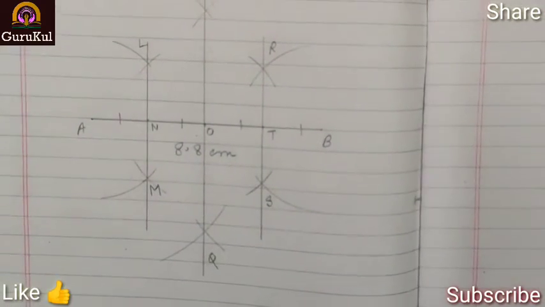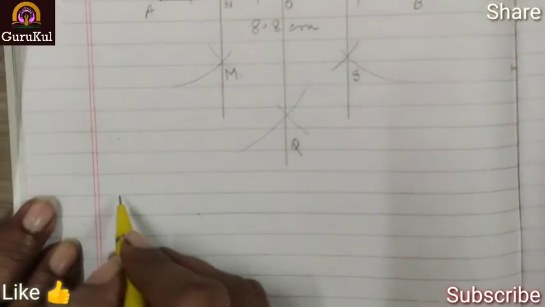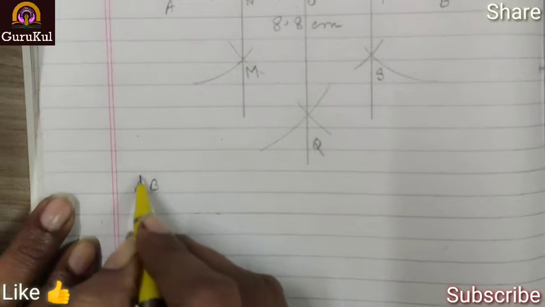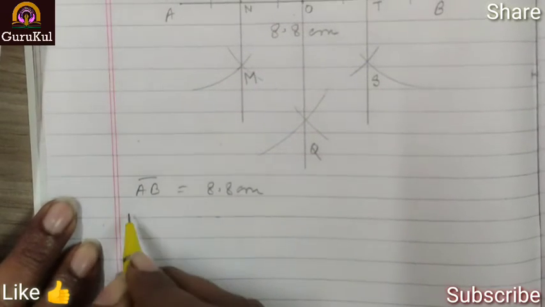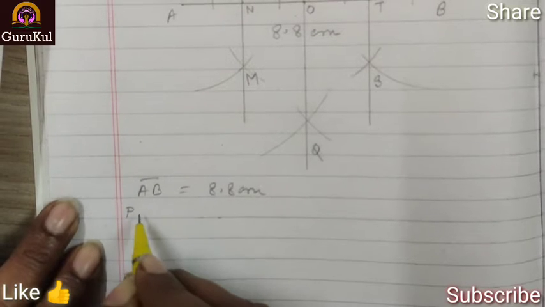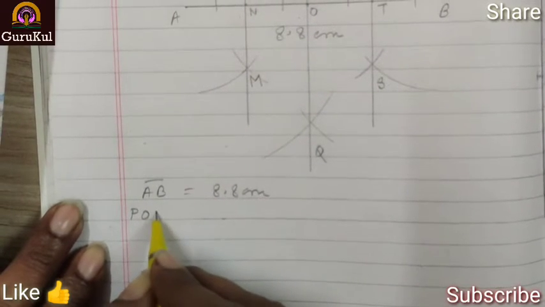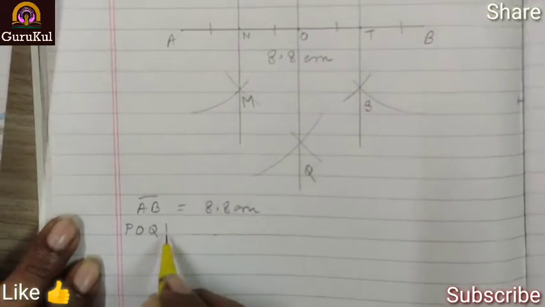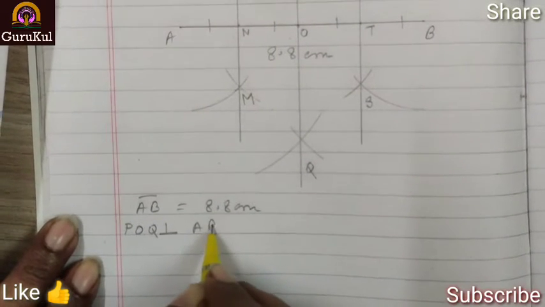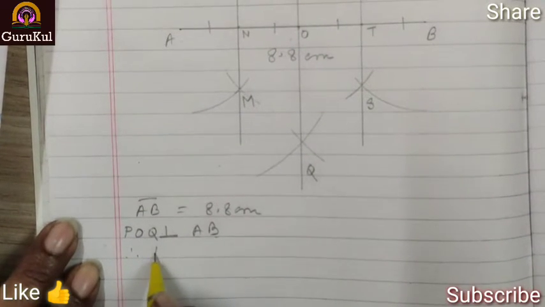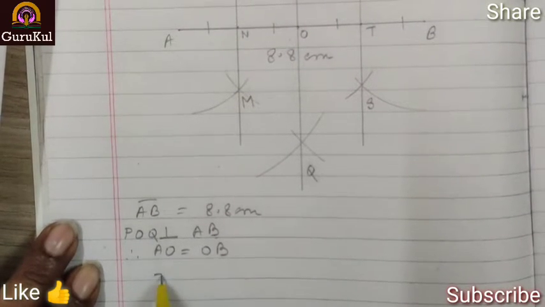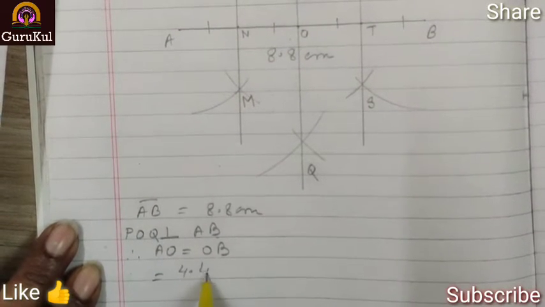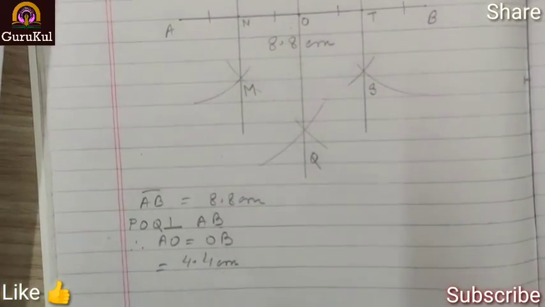So for that we need to write everything, like line AB is equal to 8.8 centimeter, POQ is perpendicular to AB, therefore AO is equal to OB, which is equal to 4.4 centimeter.